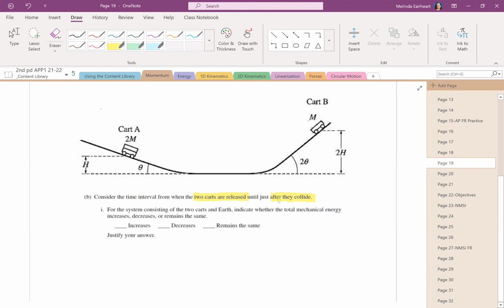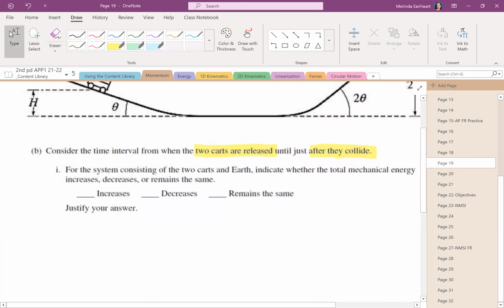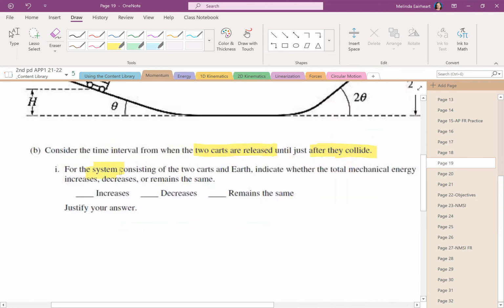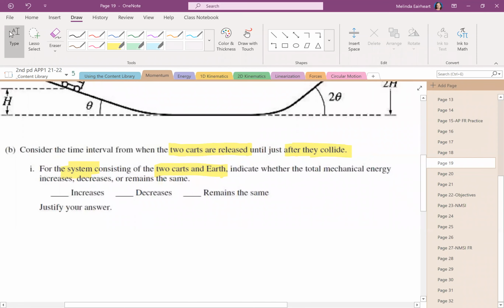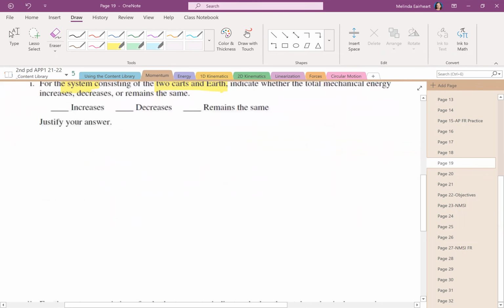And so notice they're very nitpicky about where your initial and final points are. For the system, this gets back into those system designations. So part 1, if our system is 2 carts and the earth, indicate whether the total mechanical energy increases, decreases, or remains the same. Justify, and we'll come back.